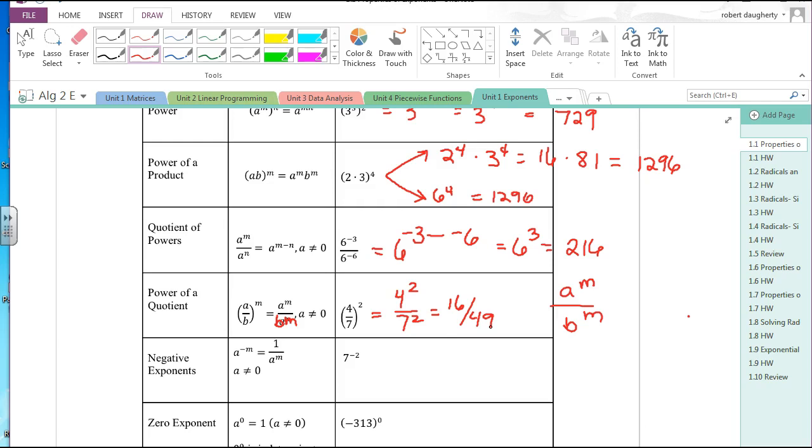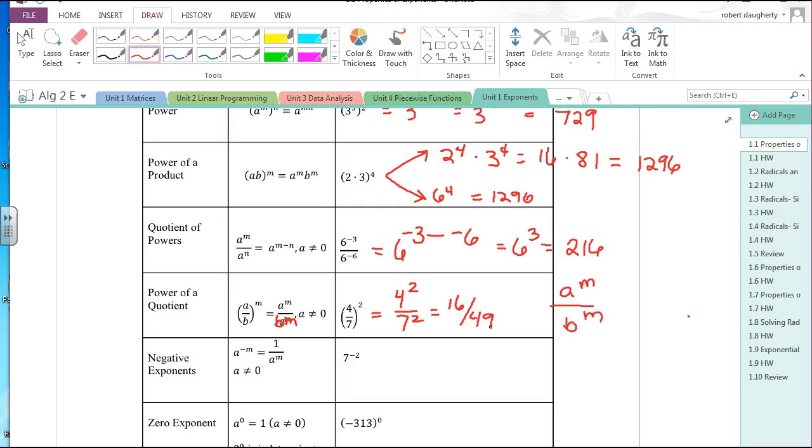Negative exponents. This trips people up, but you guys are going to be okay with it. Anytime I see a negative exponent, I can make that exponent positive just by moving it. If I find it in the numerator with a negative exponent, it will become a positive exponent when I move it to the denominator. If I find it with a negative exponent in the denominator, it will become positive when I move it to the numerator.